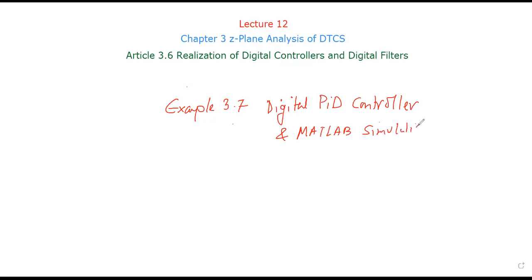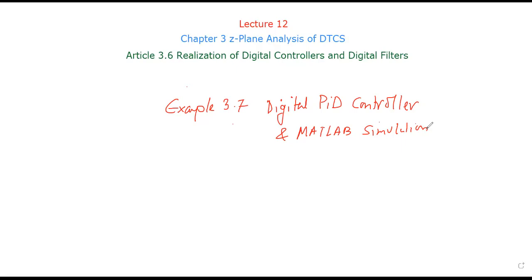It's optional whether you go about the MATLAB simulation or not, but the rest of it you may take as an example of how to deal with systems with a digital PID controller. Also, there is a comment after that example, and that is fruitful in some practical applications, I believe. So you better have a look at that one as well.